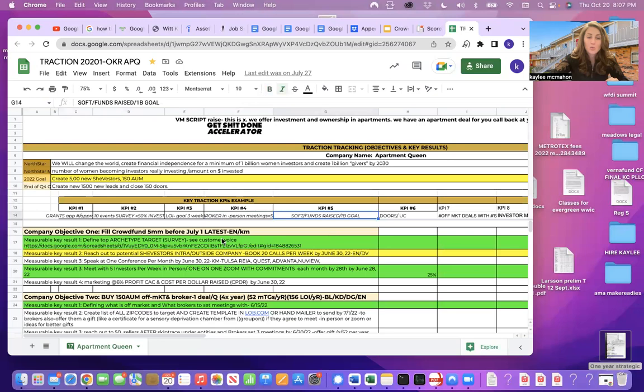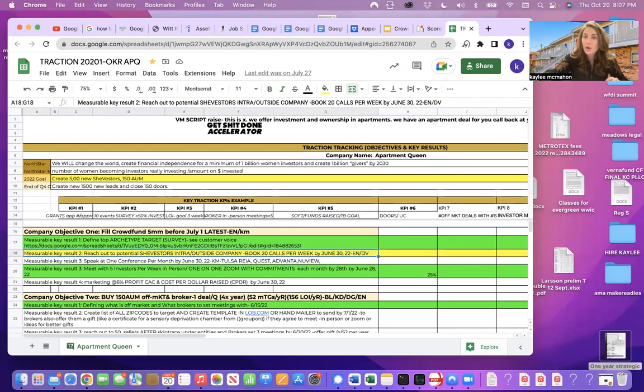So if my goal was to get $5 million in our crowd fund, which is part of our soft funds raised goal, right? So then you want to make it measurable. You want to break it down into multiple steps. So here, it took us 1, 2, 3, 4, 5 steps to be able to know what it was going to take to get that raised, right?